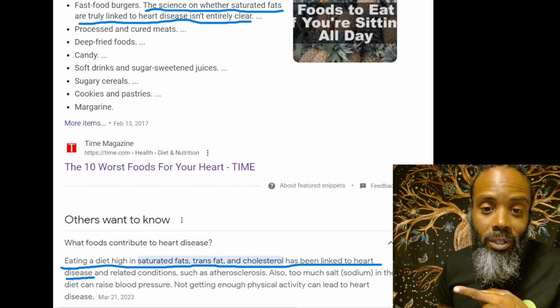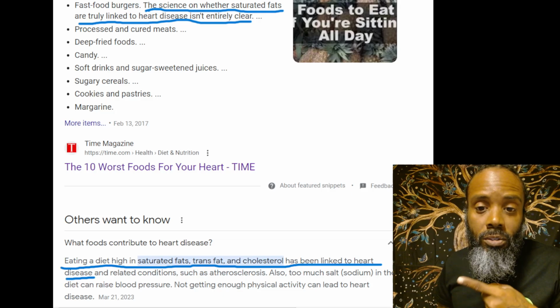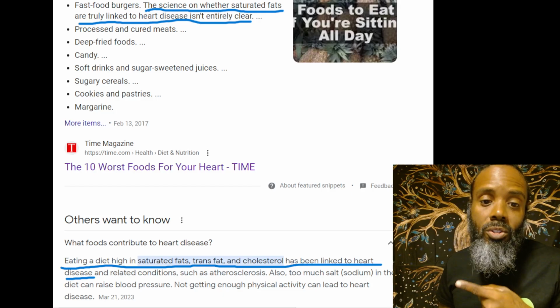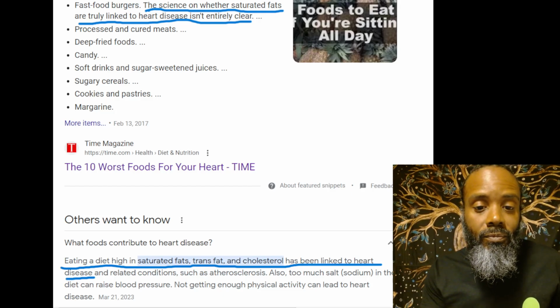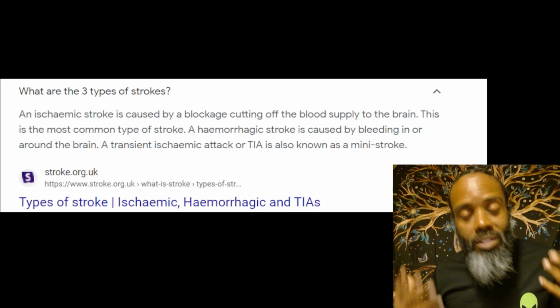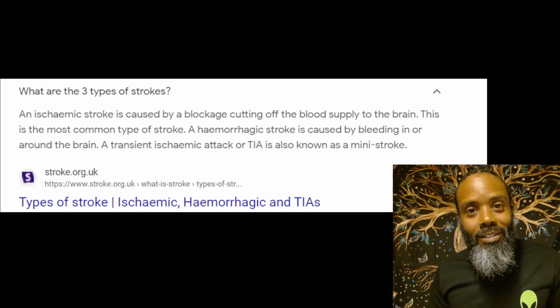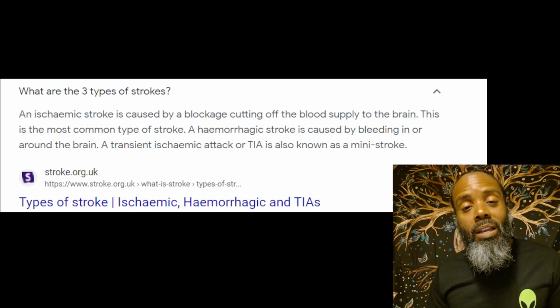I don't even want to try to pronounce that. Also, too much salt, sodium in the diet can raise blood pressure. Not getting enough physical activity can also lead to heart disease. So the science is clear that fats lead to heart disease. Fats contribute and cause heart disease.